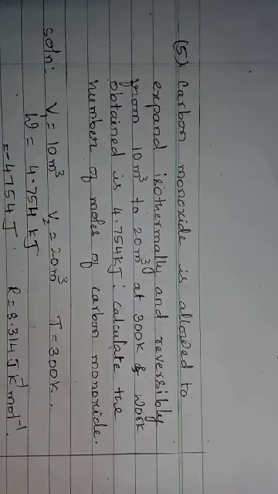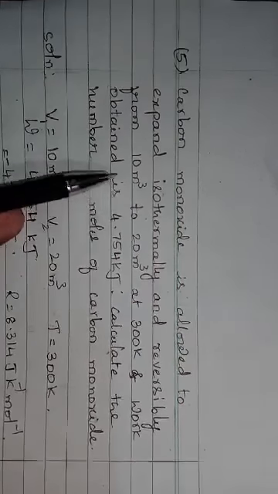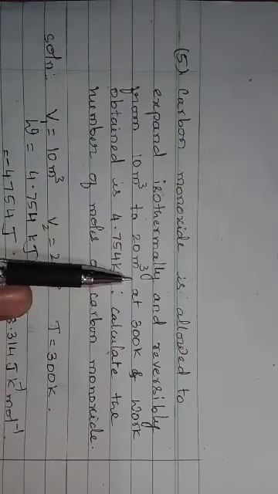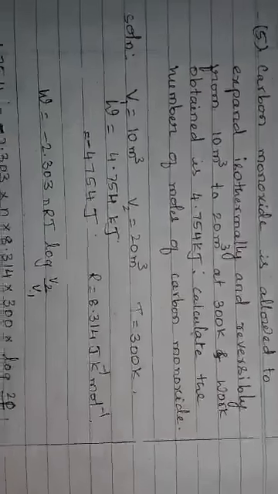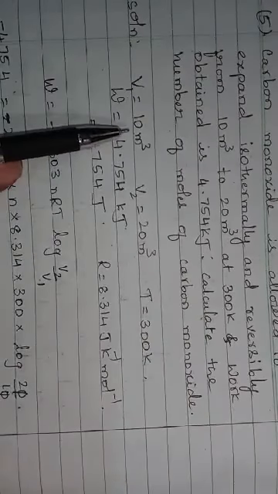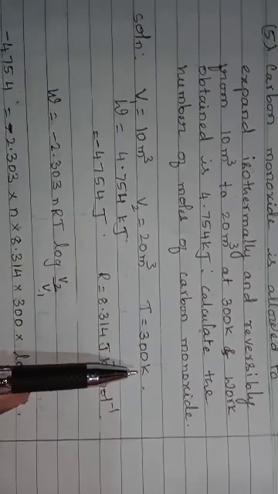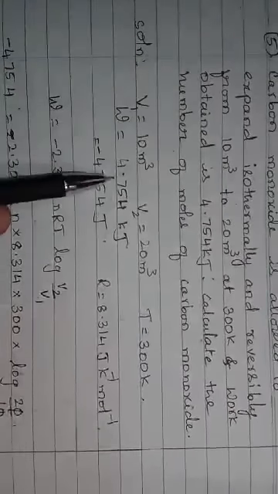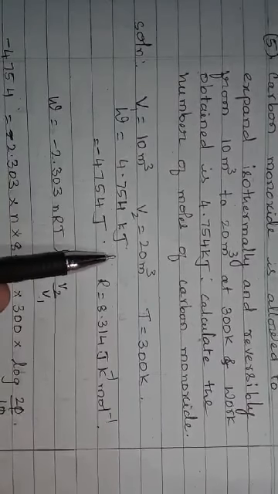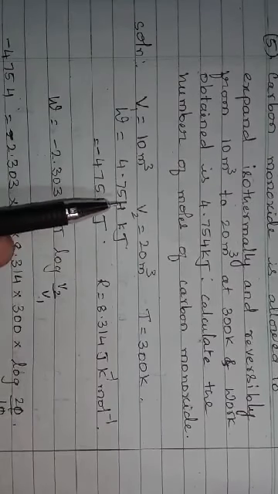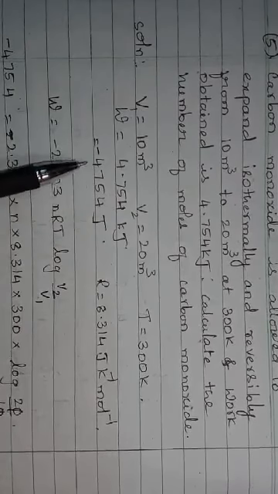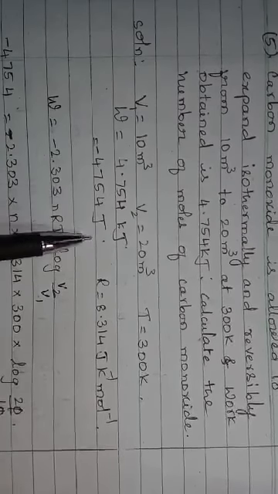So initial volume is 10 meter cube, final volume is 20 meter cube, temperature is 300 Kelvin, work done is 4.754 kilojoules. Converting this into joules, it becomes 4754 joules.